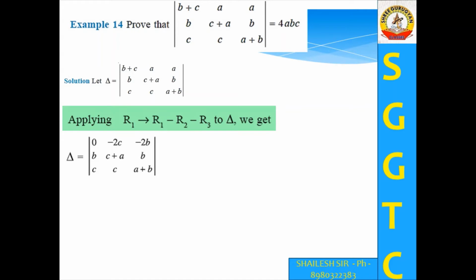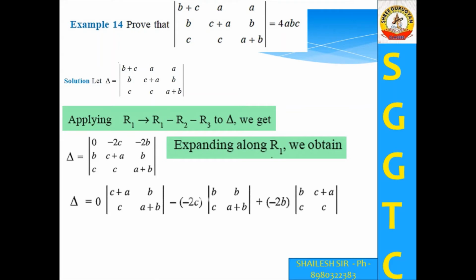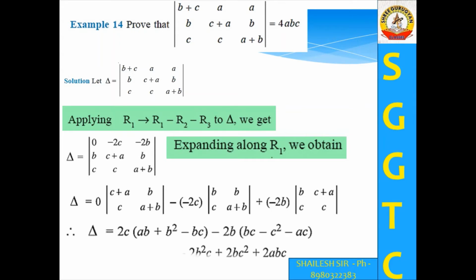It means R1 changes to R1 minus R2 minus R3. It means students, I just operate to subtract this value from first row. This full value, second row full value subtract from first, and also third row is also subtracted from the first row. Definitely a zero here.